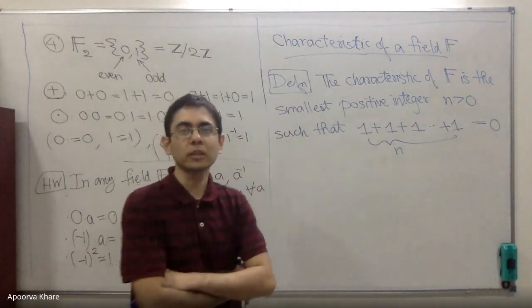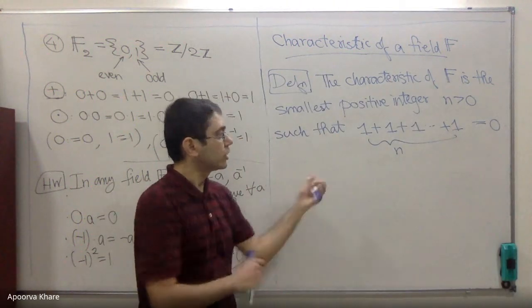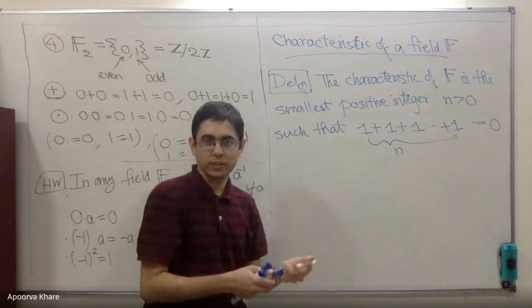It's the smallest positive integer so that if you add 1 that many times, you get 0.